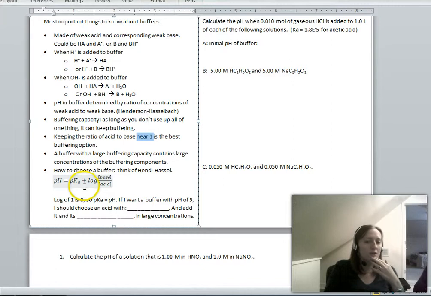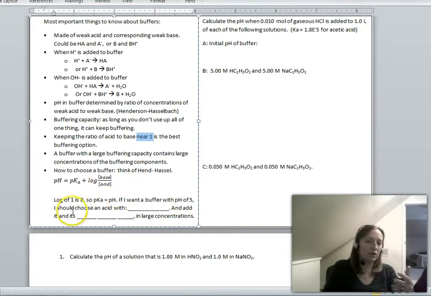And so sometimes you're charged with, hey, would you go make a buffer with a pH of like 5 or something? And you go, okay, and you kind of go, well, what do you want me to make it of? Like, what chemicals should I use? And generally what you do is you go, okay, the pH of 5 is going to be easily made from something that has a pKa of 5 or a Ka of e to the negative 5.